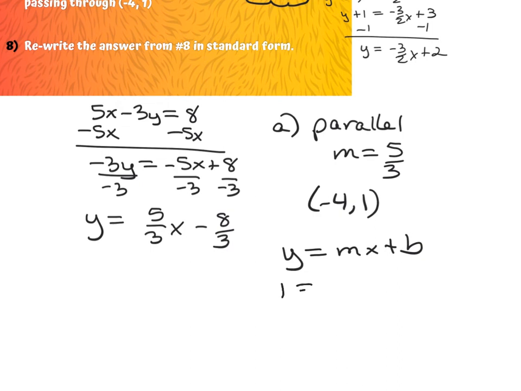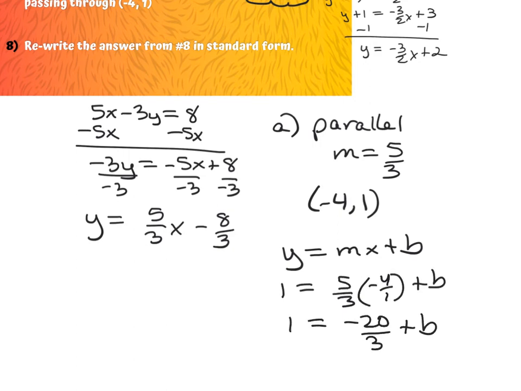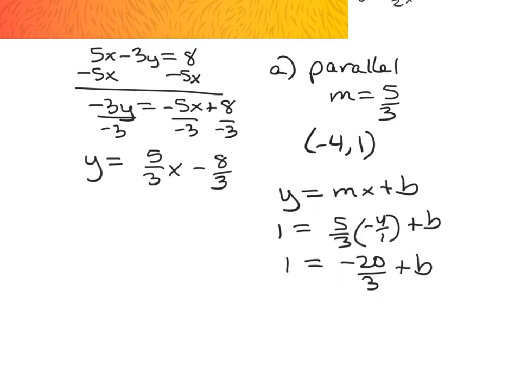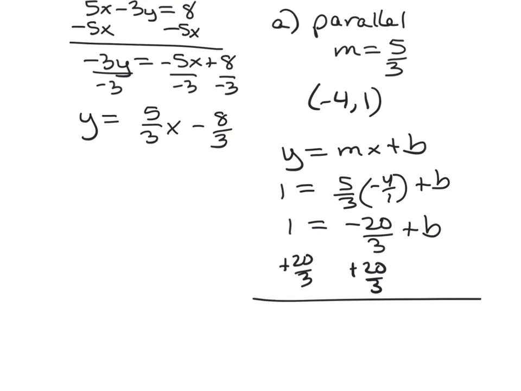So 1 equals 5/3 times negative 4/1 gives me negative 20/3. I need to add 20/3 to both sides. I could change this whole number 1 into 3/3. So 23/3 is my b.